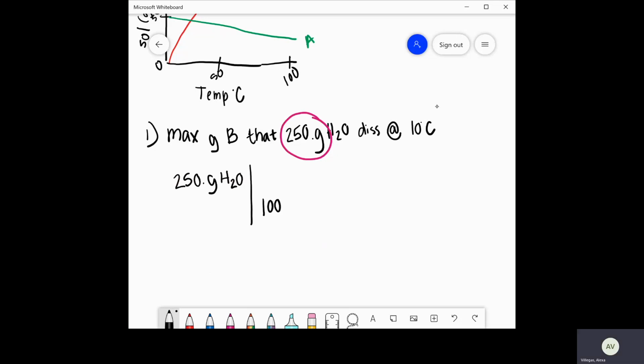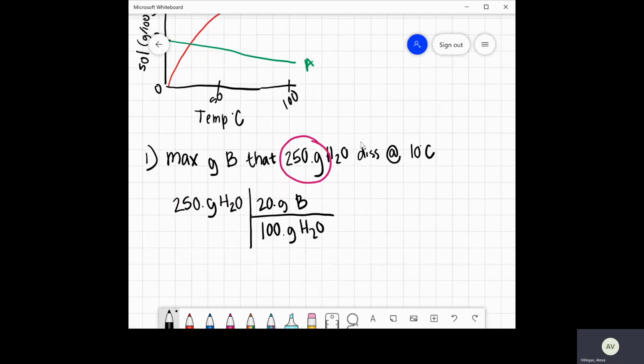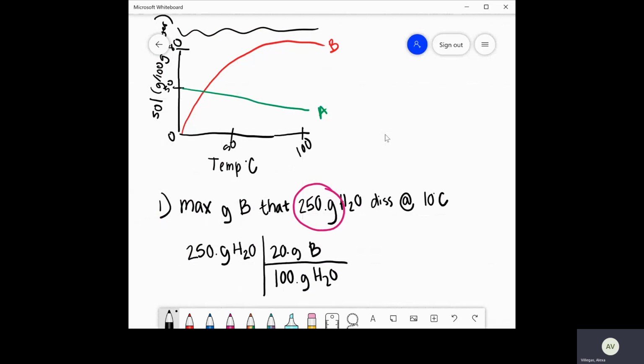And we know that for 100 grams of H2O, we can handle 20 grams of substance B. And we get this from up here in the graph. So you look up here at substance B.